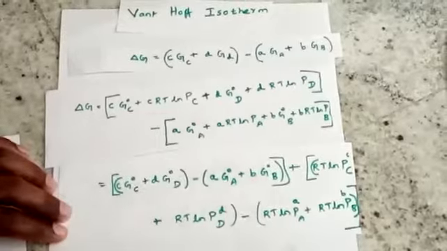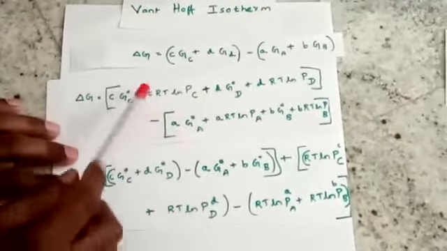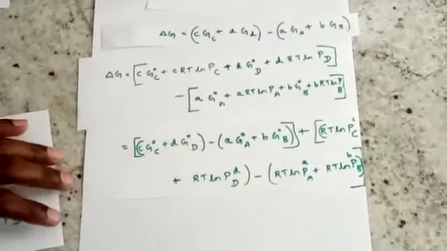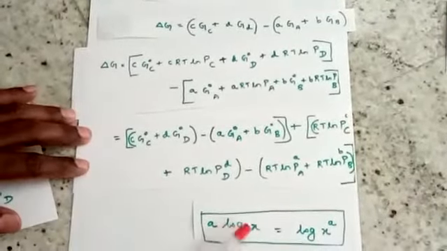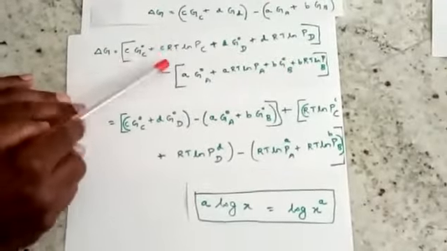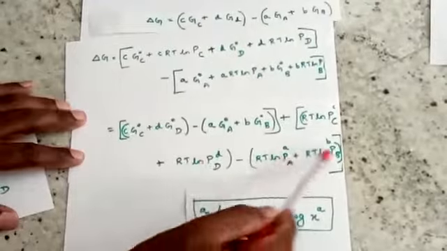Again, d RT ln PD and c RT ln PC. We know a log x is equal to log x to the power a. Therefore, c RT ln PC is equal to RT ln PC to the power c. Likewise, you can write the remaining terms.